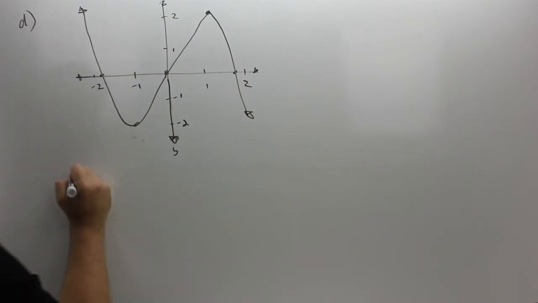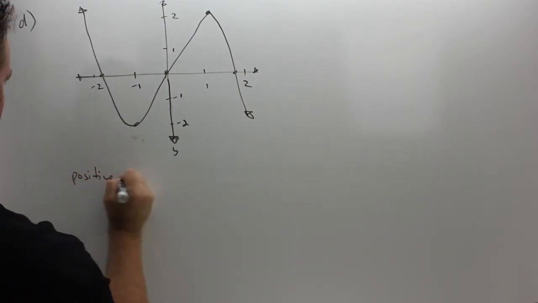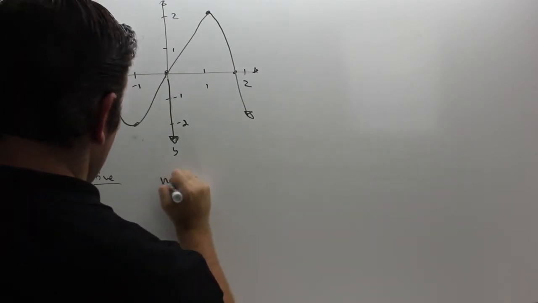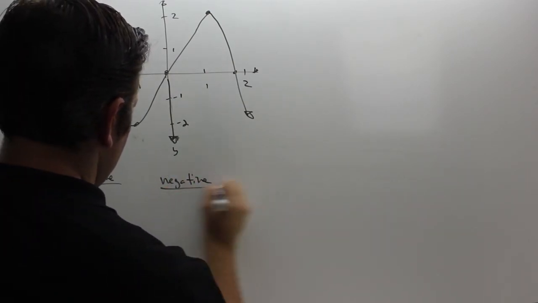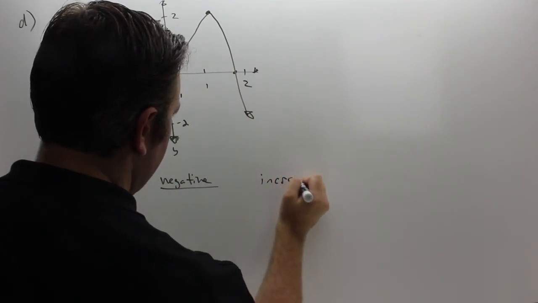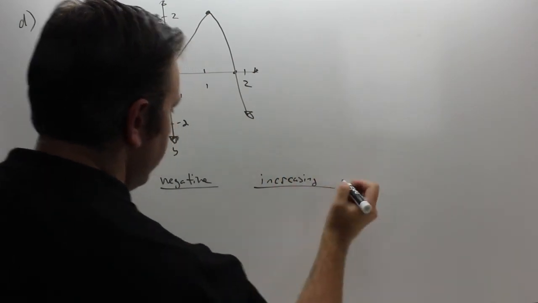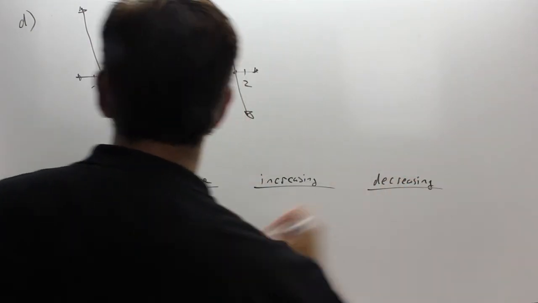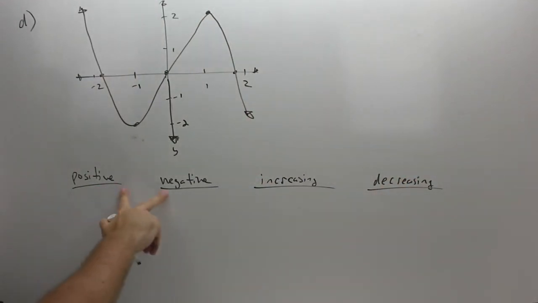So we're looking for when it's positive. When is it negative? When is it increasing? And lastly, when is it decreasing? So again, we're always focused on as we move rightwards. So let's start off with positive and negative intervals.